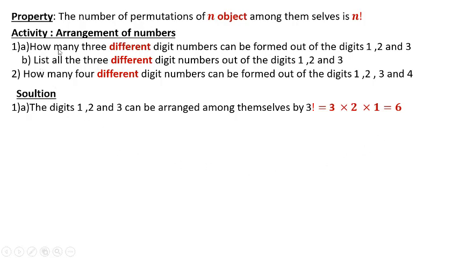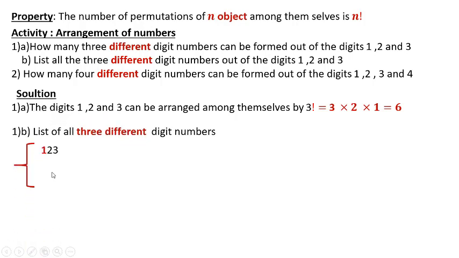Part B. List all these options. First of all, if 1 is the hundreds digit, then 2 and 3 can be arranged in 2 ways to get the numbers that are different: 123, 132.